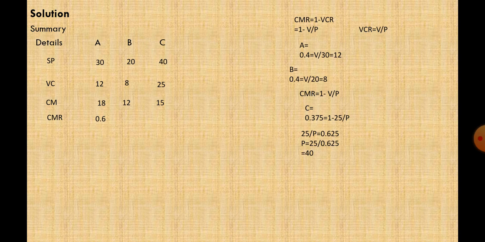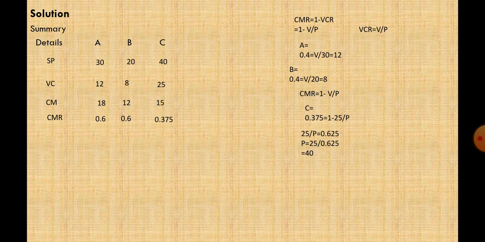For B, it is 12 divided by 20, and that gives you 0.6 again. We are already given that the contribution margin ratio for C is 37.5%, but you can try and see if it is equivalent to that. That is 15 divided by 40, and we find that it is 37.5%.